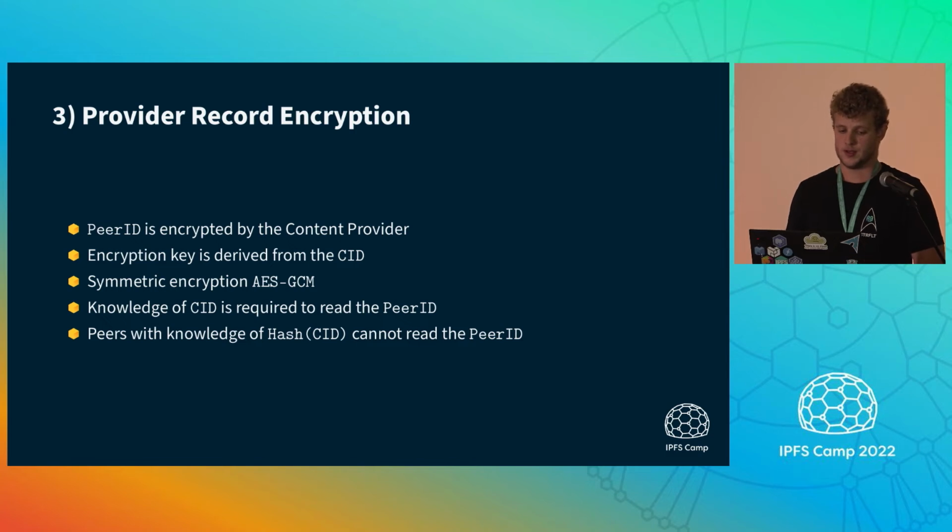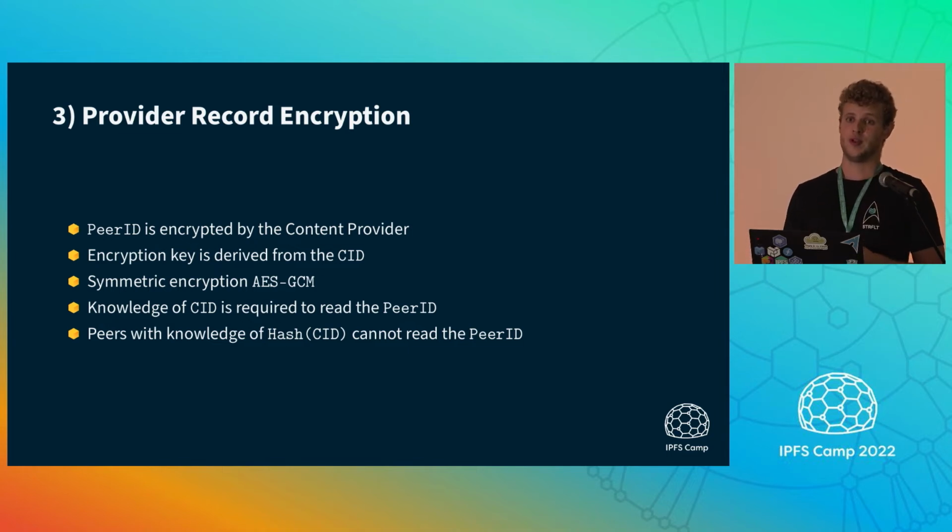One other component that we can use to improve our system further is to encrypt the provider record. So the provider records are these pointers that I put to the DHT to indicate that I store the content, and my peer ID is in the clear, which means that anyone that hears about the request, even if it's a different hash, can know that I am storing the content.